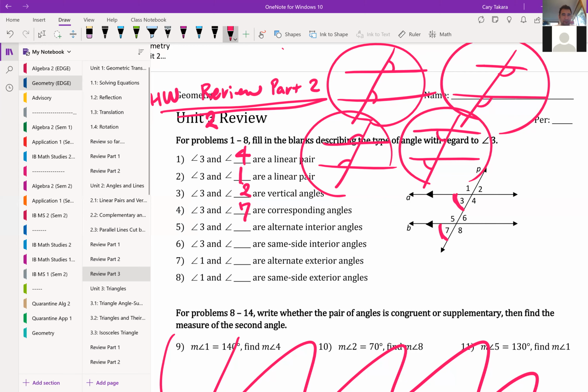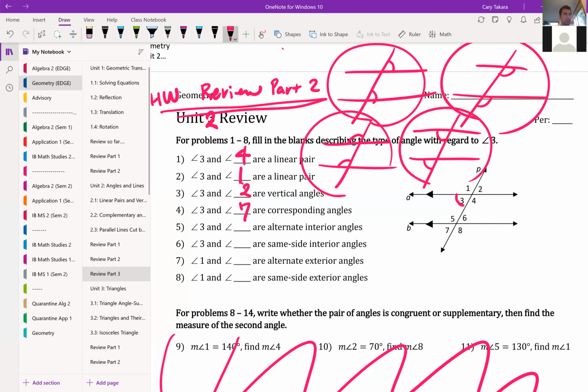Okay. So these are corresponding angles. Next, angle 3 and which one are called alternate interior angles? So 3 and which angle is going to be the alternate interior angle?